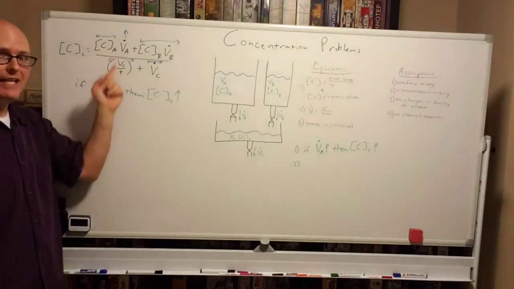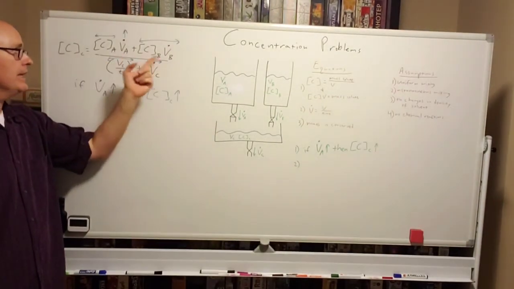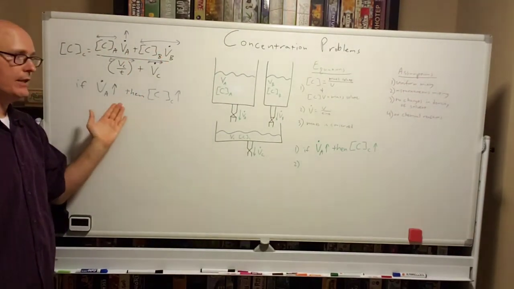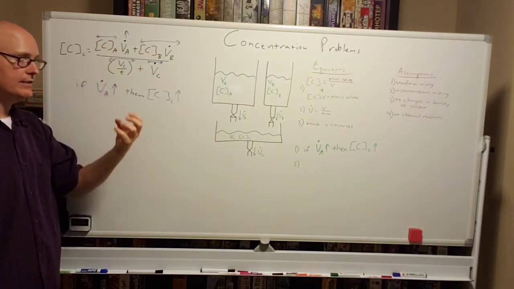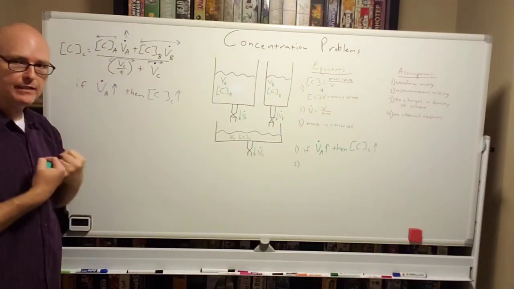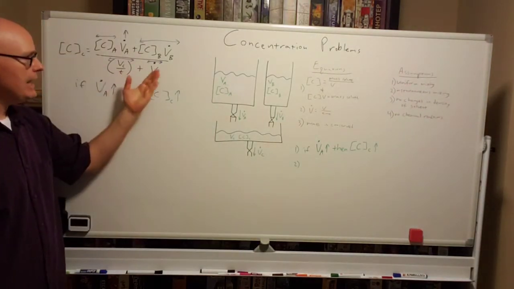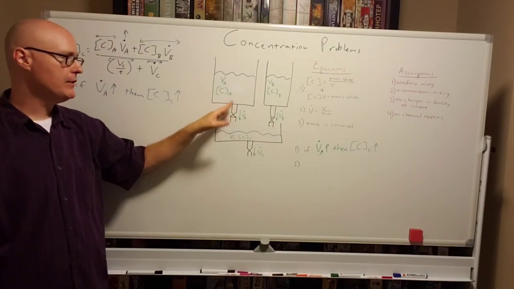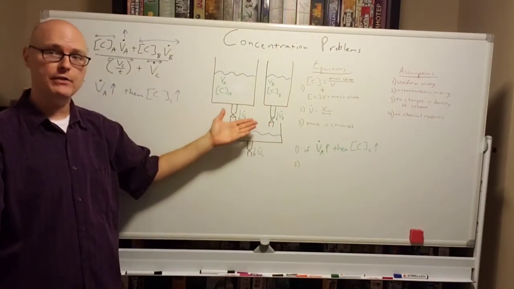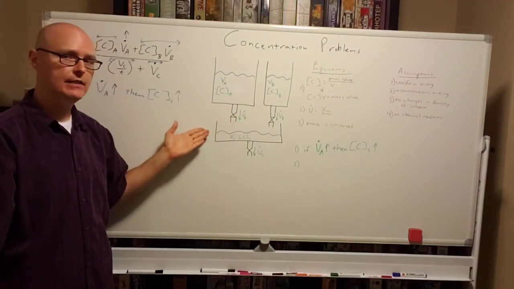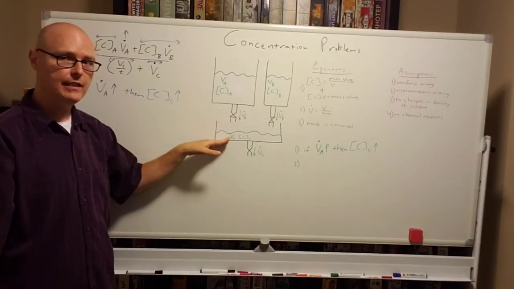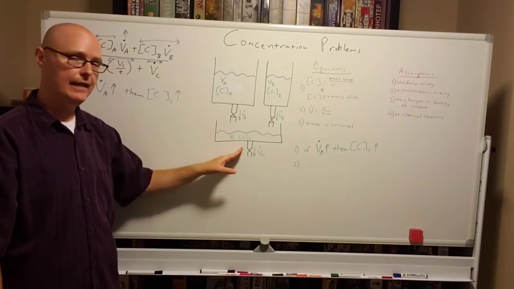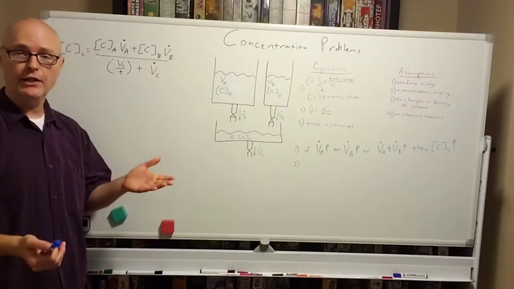So I would get exactly the same relationship if we kept A constant but increased B. What this important thing has told us is that if I raise the volumetric flow rate from either tank A or B, or the combination of both, then I am increasing the concentration of C given an accumulation rate and a leak rate.